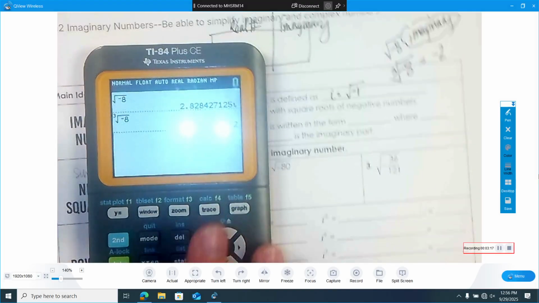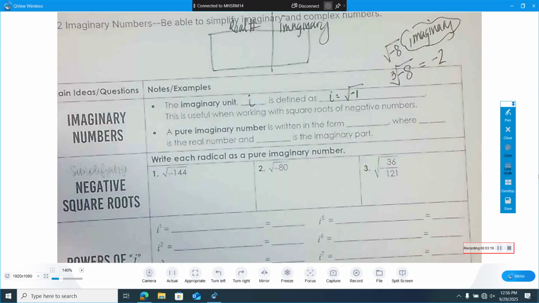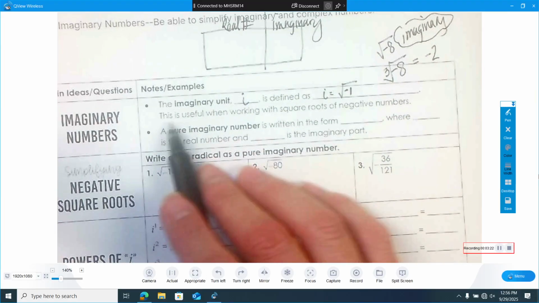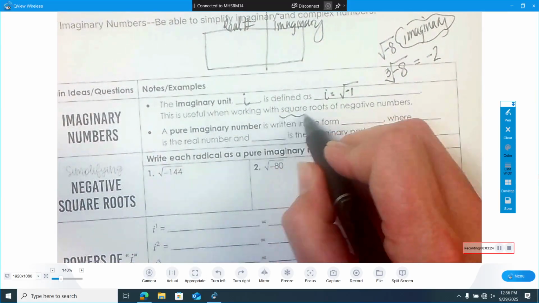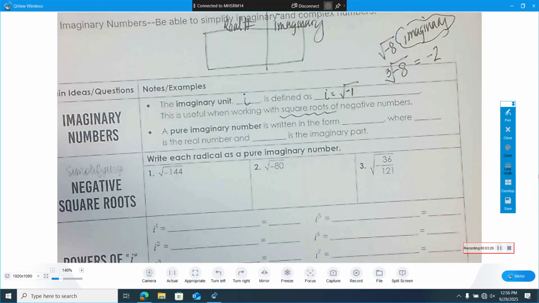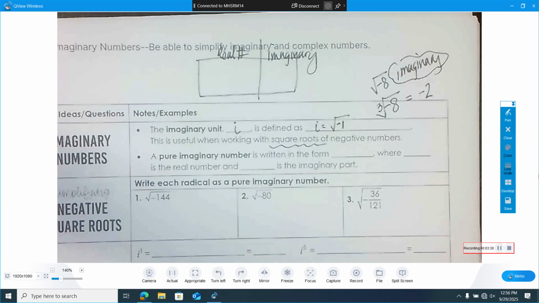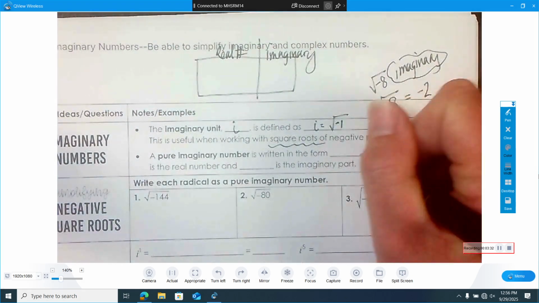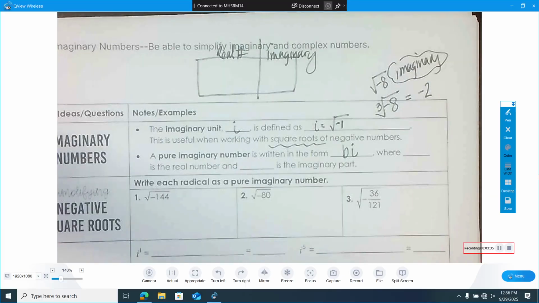Okay. So pure imaginary. This is useful in working with square roots of negative numbers, so that's what we're paying attention to today. A pure imaginary number is written in the form of something times i. We just used a b.